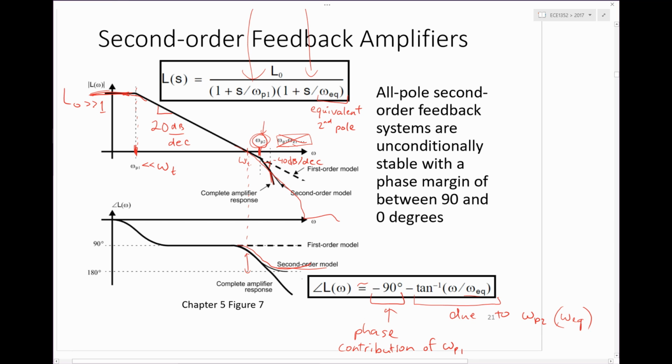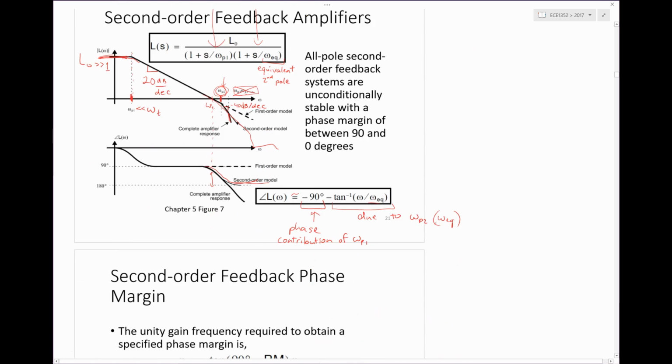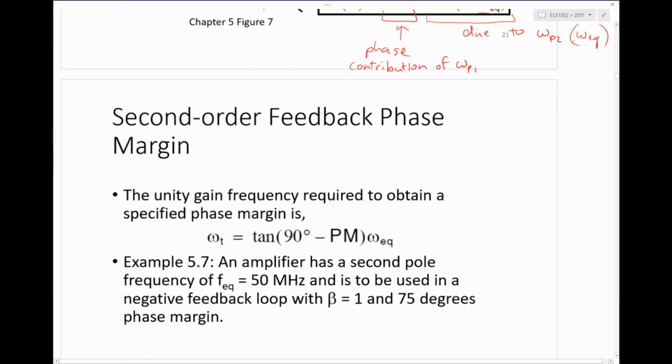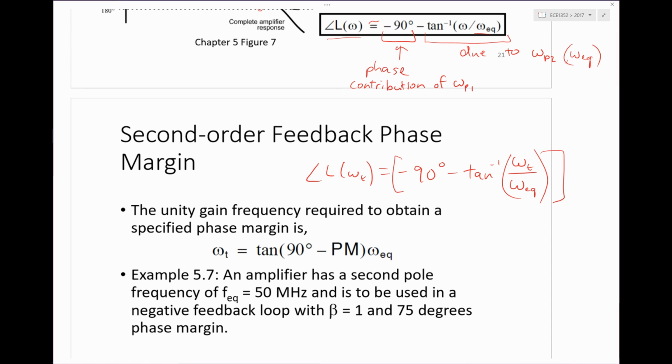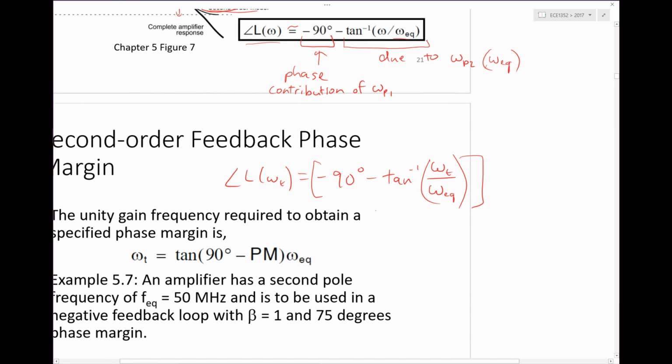So then if we plug omega t into that expression over here, and we take 180 minus that whole term, then we find the phase margin. So we can do that.